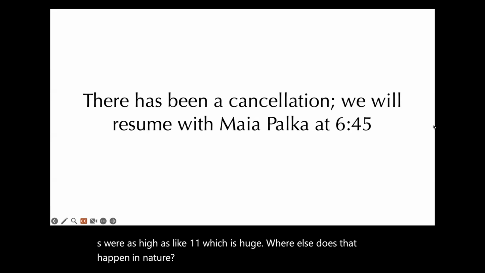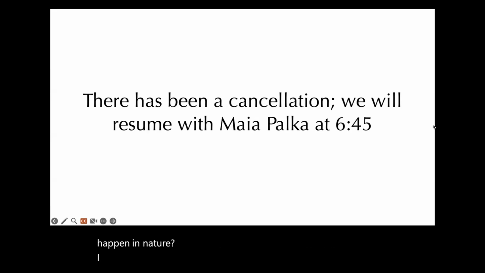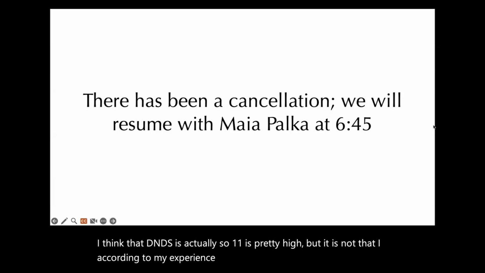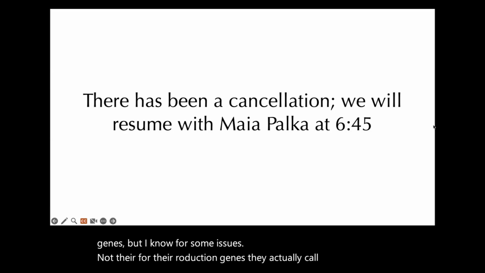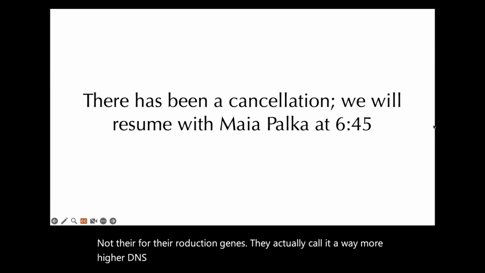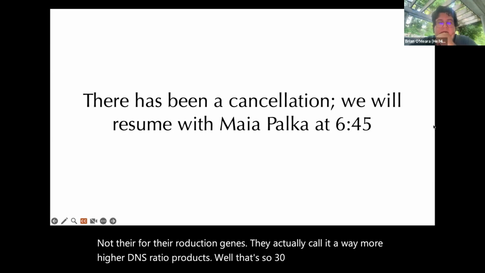Well, I think 11 is pretty high, but it is not that high, according to my experience. It's not for the snake photoreceptor genes, but I know for some fishes, their rhodopsin genes have a way higher dN/dS ratio, probably 30, 40, way higher.